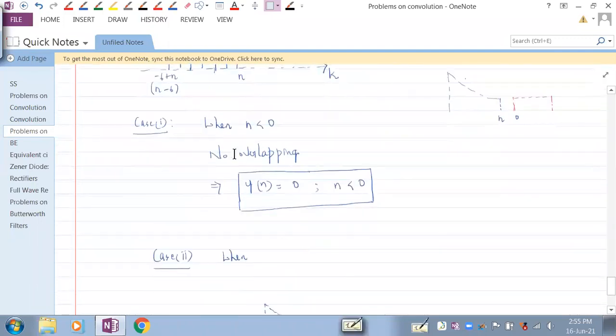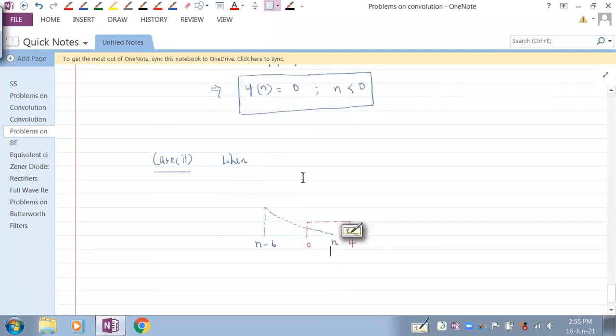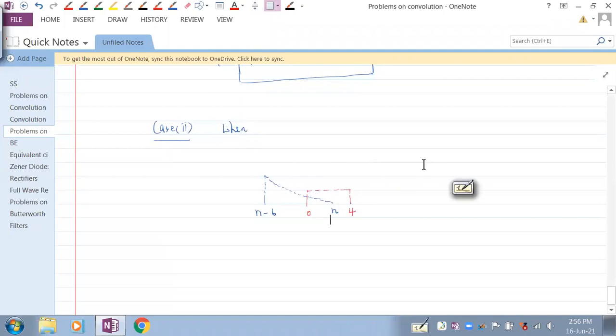Everybody understand that point? So what can I write here? What all cases can I consider? See here, I can say when n is less than 4, when n is greater than or equal to 0, or even I can say when n minus 6 is less than 0.